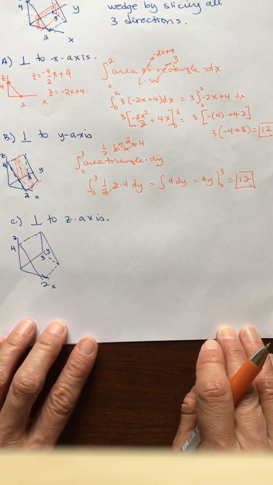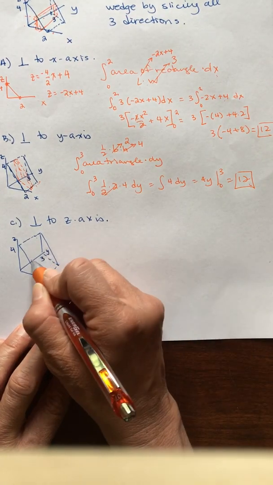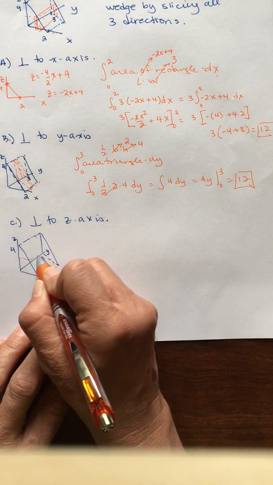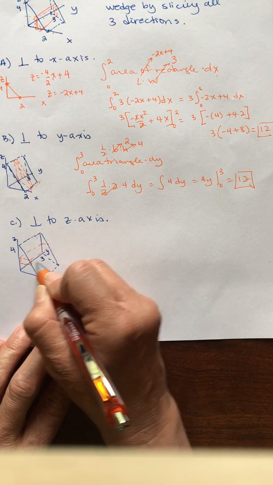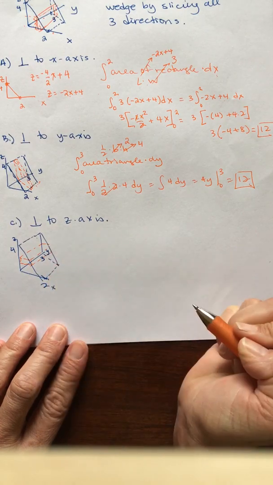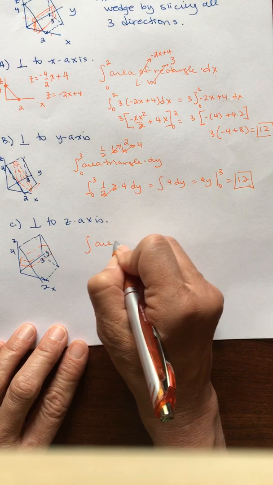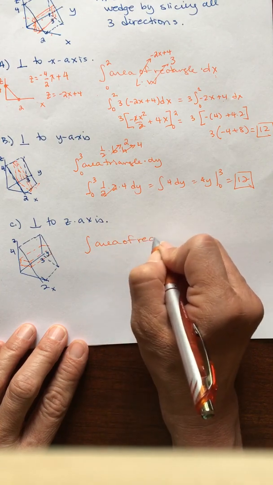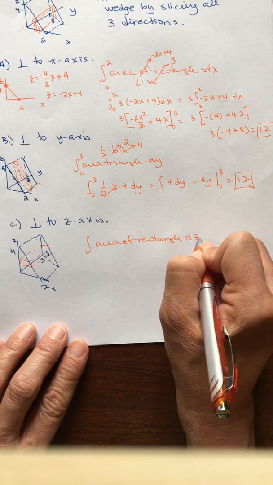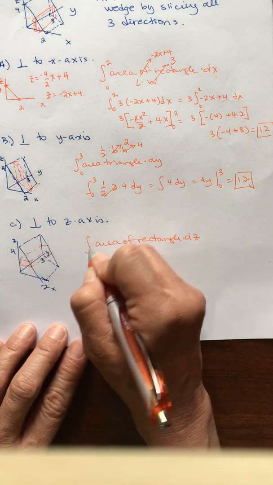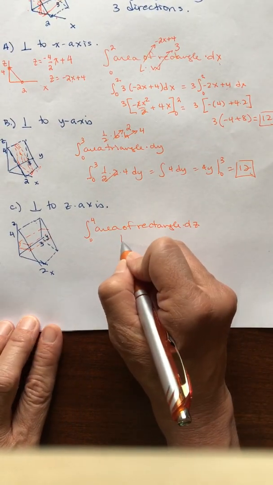Okay, finally, if we cut perpendicular to the z-axis, now it looks like rectangles again. And so area of a rectangle, and then dz, and z's go between 0 and 4. So then the area of the rectangle, length times width.